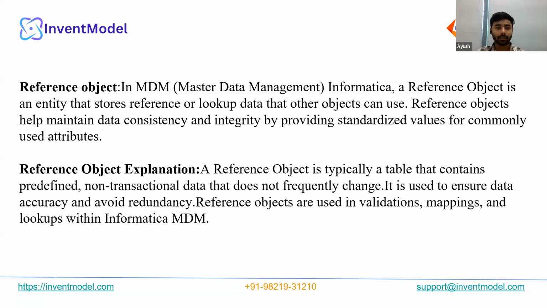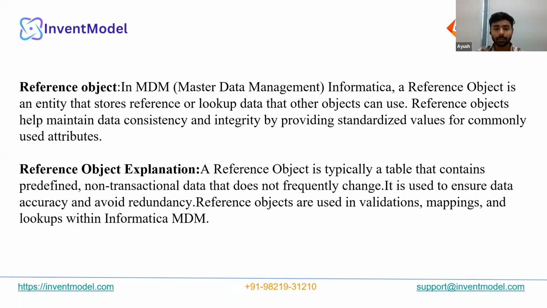If we take reference data as a country, all the countries available worldwide can be used as lookup data. A reference object is typically a table that contains predefined non-transactional data that does not frequently change. Like the country name does not frequently change, so it can act as reference data. It is used to ensure data accuracy and avoid redundancy.